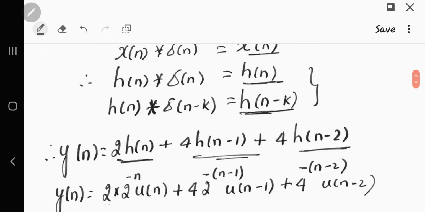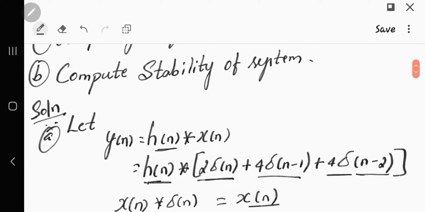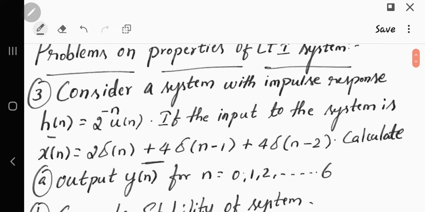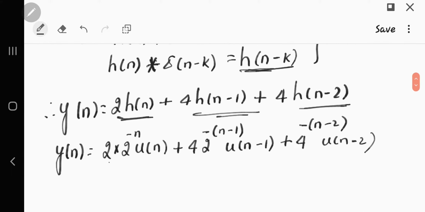2 is kept as it is, and h of n is 2 to the power of minus n into u of n. It is given as 2 to the power of minus n into u of n.